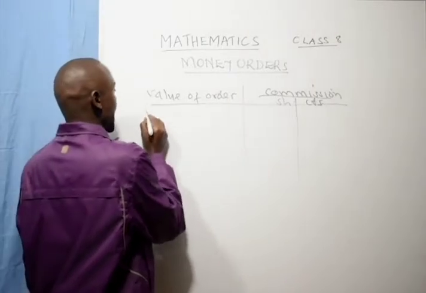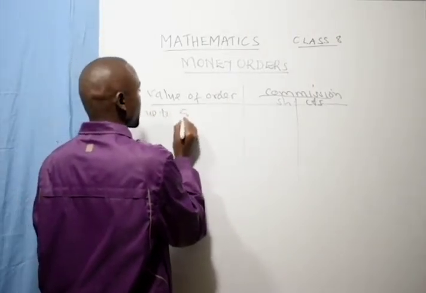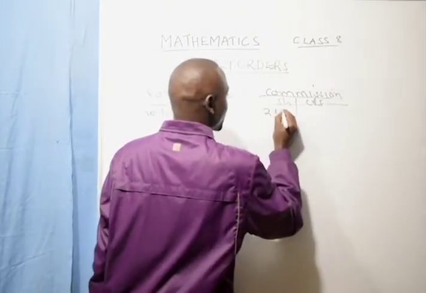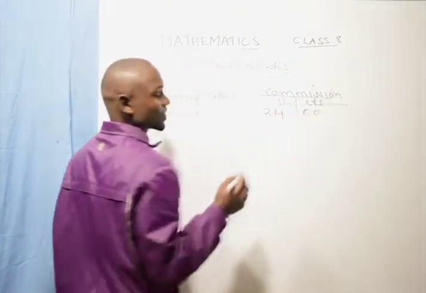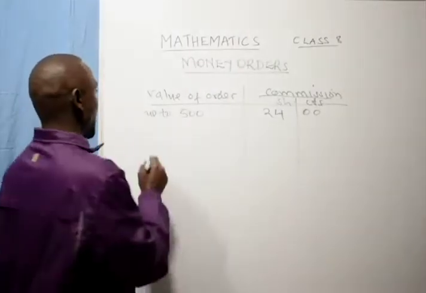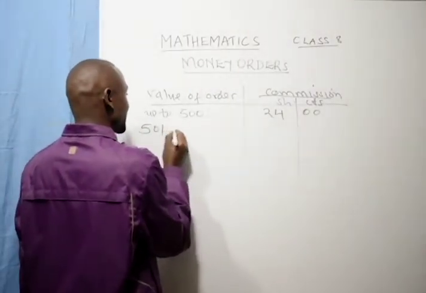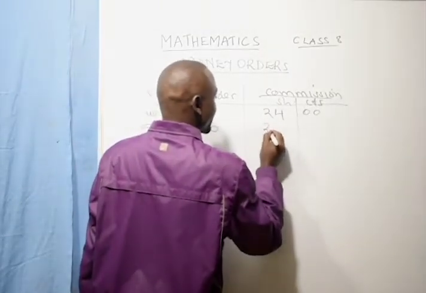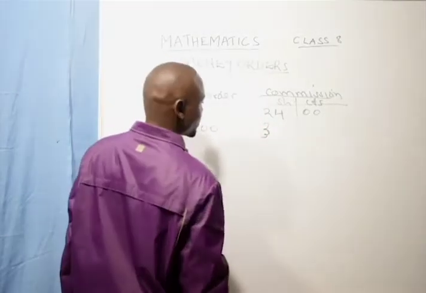Then you are given up to 500 shillings. This person pays 24 shillings and 00 cents. Then from 501 shillings to 1,000, you'll be required to pay 32 shillings.